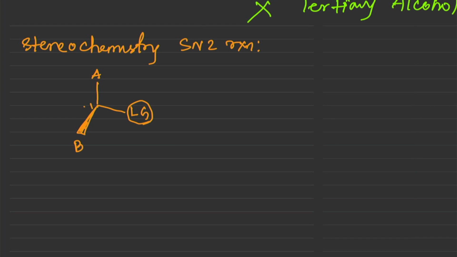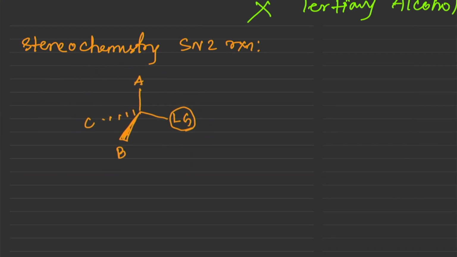B is pointing up and C is pointing down. This is going to be a quick recap. The bonds shown by straight lines, these two are in the plane of the screen that you're watching.